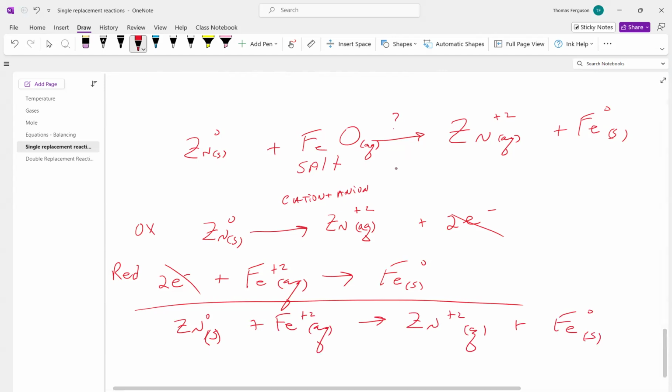now what's the spectator ion? Oxygen, right. Now we have to add the oxygen back in. Oxygen is a -2 from your common ion chart.